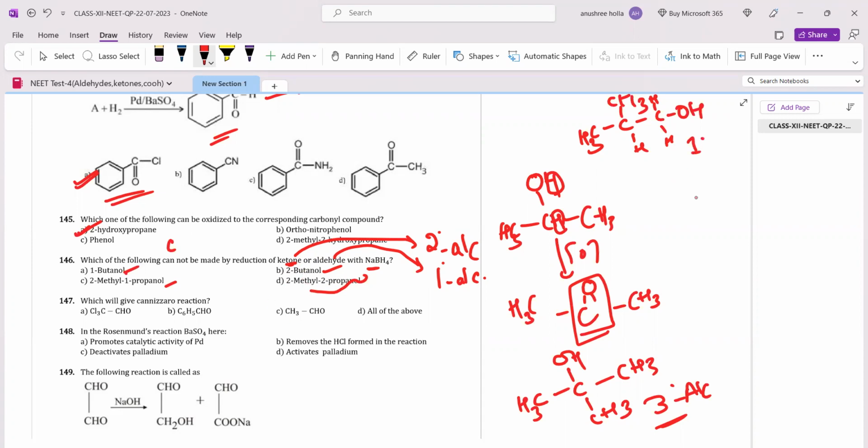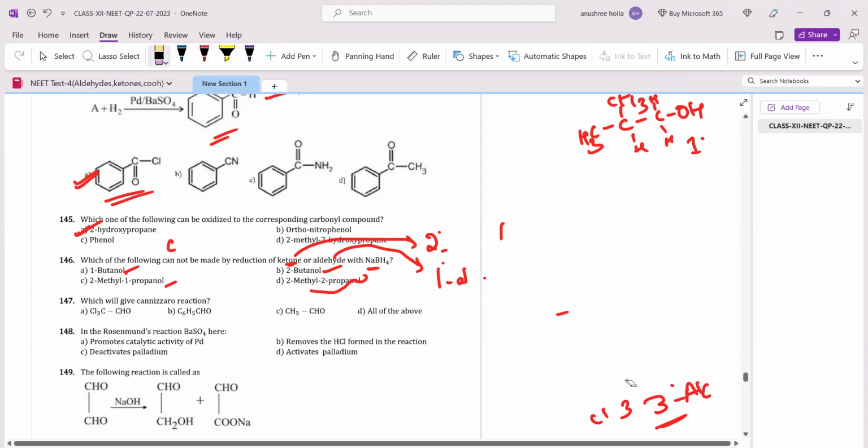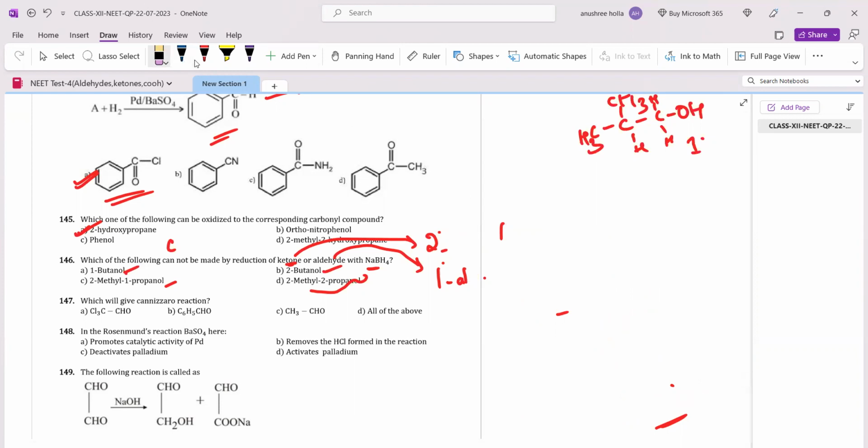D, what about this? 2-methyl 2-propanol. I think we have written this somewhere here. Let's write it again. 2-methyl 2-propanol is this.